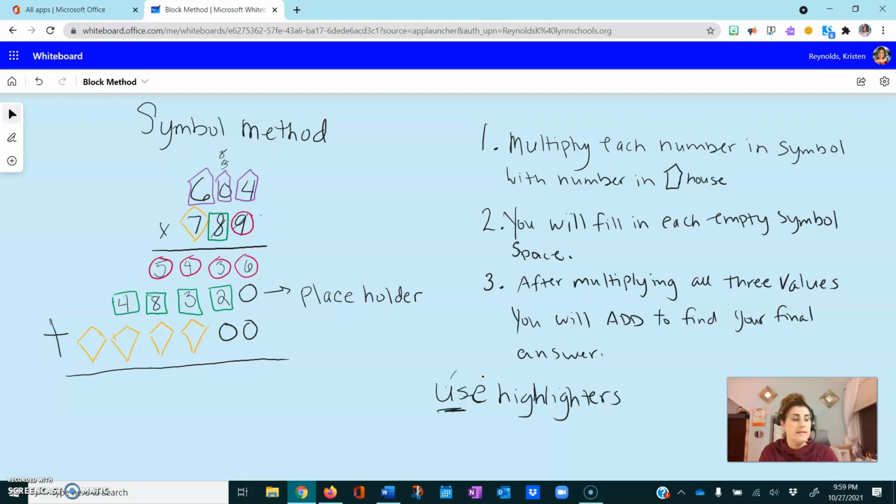But it still leaves my work so that my teacher or whoever is looking at the work that I've done can see what it is that I did. Especially if I made one little misstep, they can see it and say, oh, it was just this one little thing. It's not the whole problem. So 7 times 4 is 28.